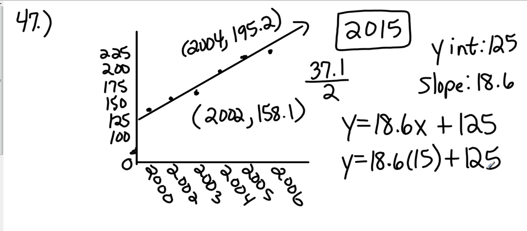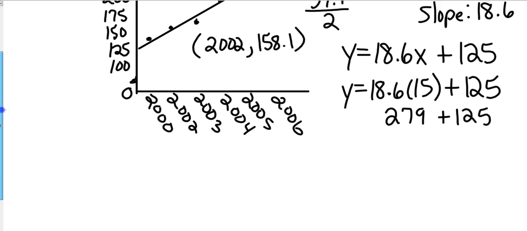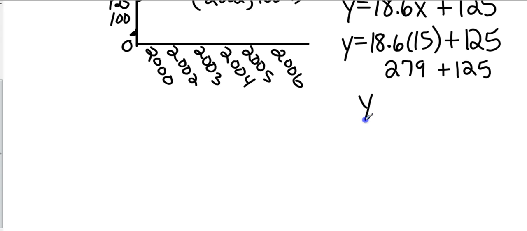Okay. 18.6 times 15 gives me 279, and 279 plus 125 gives me 404.